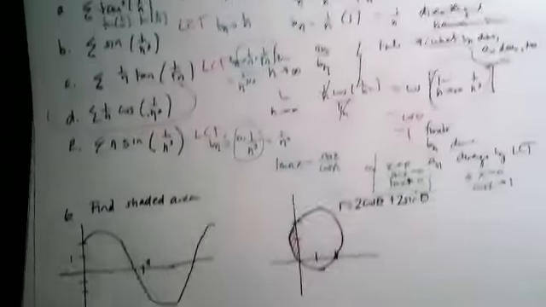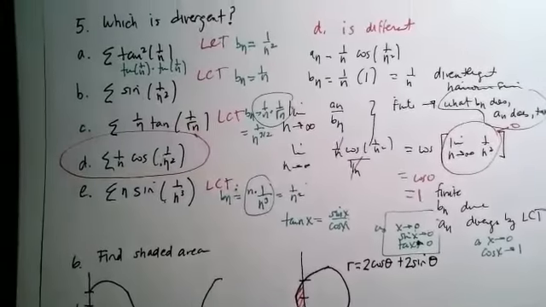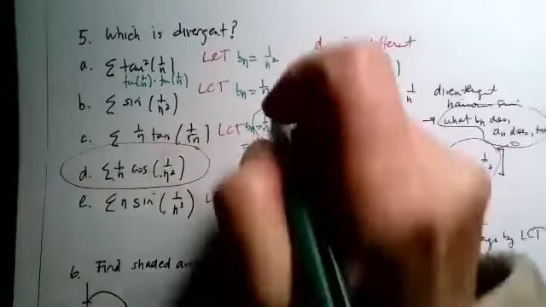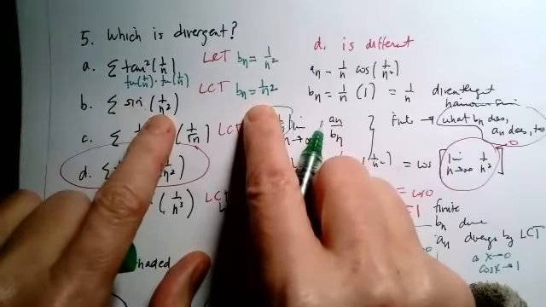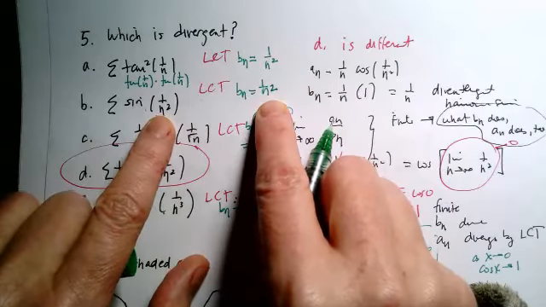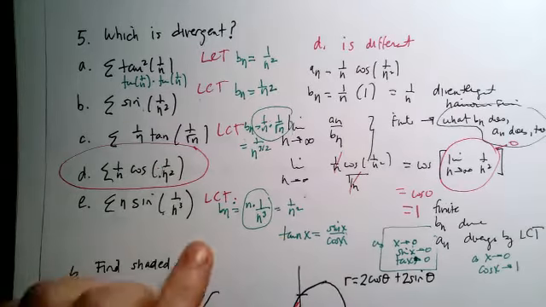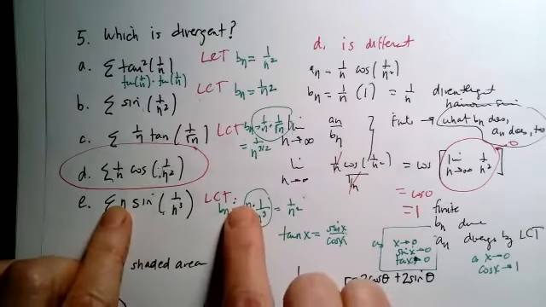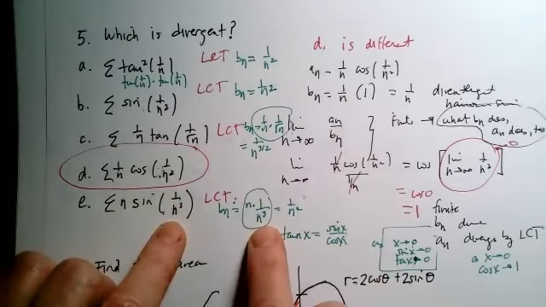Okay, who's ready for number 6? What about B? Oh, I made a boo-boo. That should be 1 over n squared. Replace the sine function with the argument to the sine function. We have to keep the n, but we replace the sine function with the argument to the sine function.